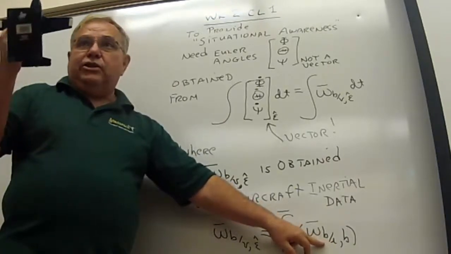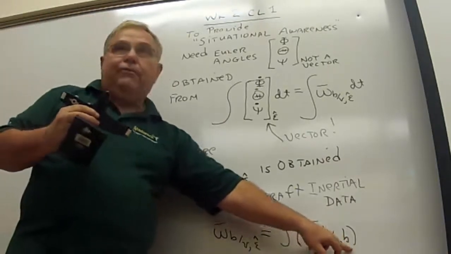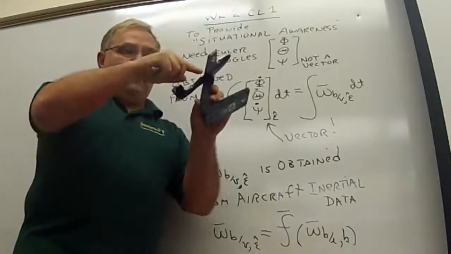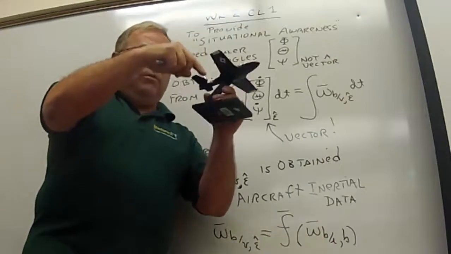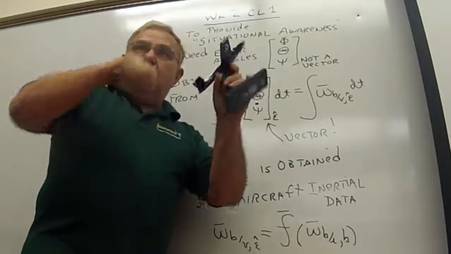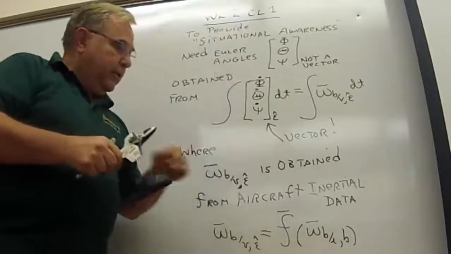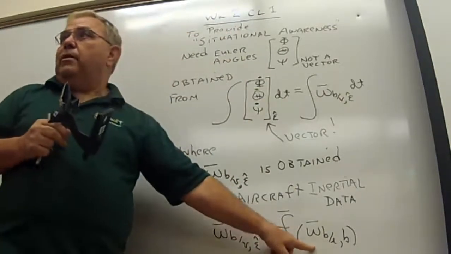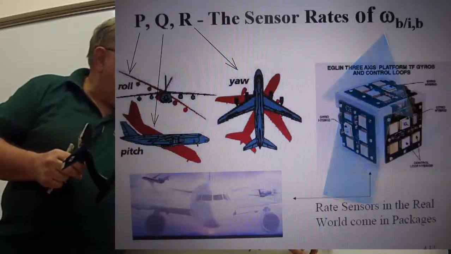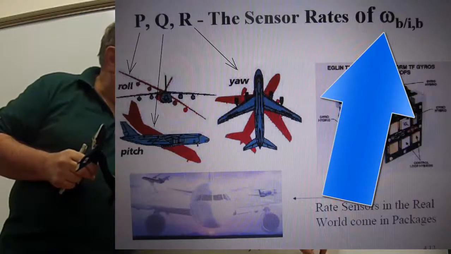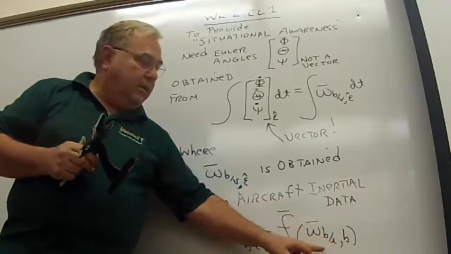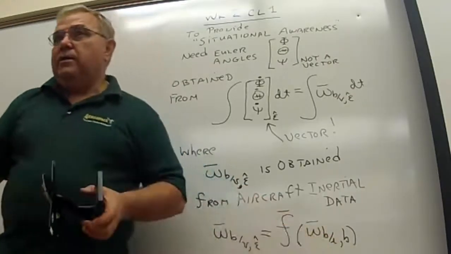If I mount one gyro on the I-axis, one gyro on the J-axis, and one gyro on the K-axis of the body frame, if I screw them down and mount them on there, then their outputs are going to be given by this symbol: the angular velocity of the body with respect to the inertial frame. The comma B means the coordinate frame is coming. Everything's expressed in body coordinates.